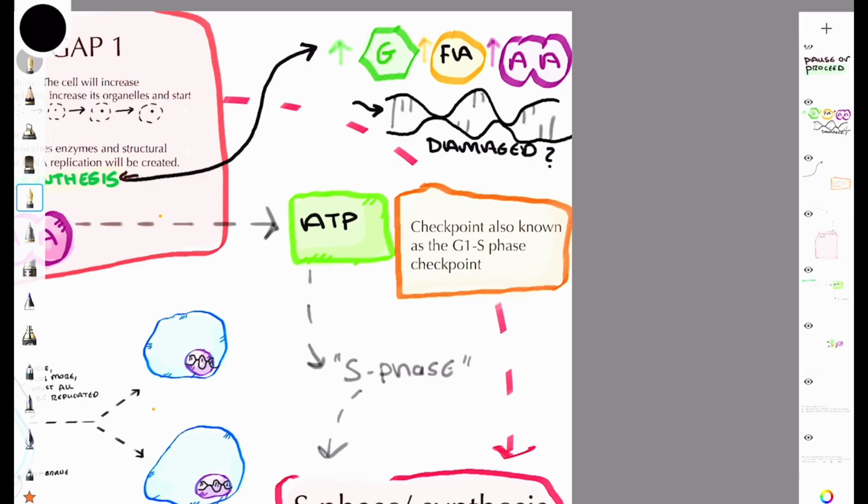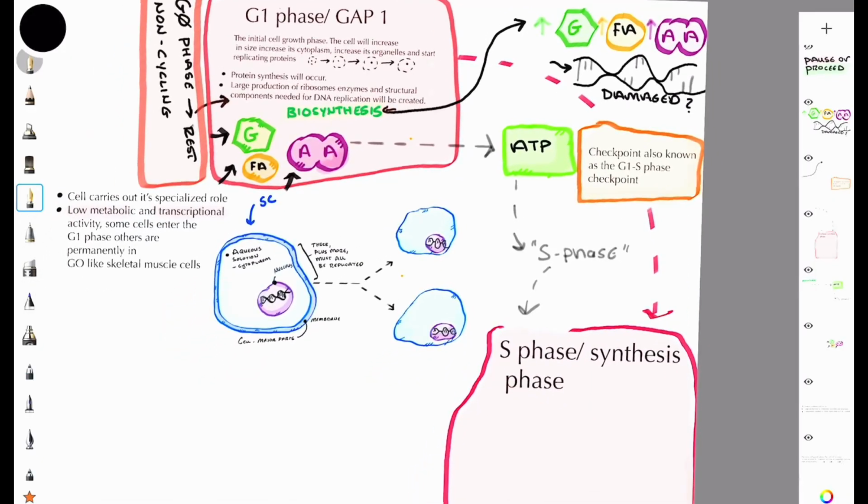And if there's any mistake in the DNA, that mistake will transition into the S phase. So if the DNA was damaged because of all the protein production that was being done, well, that damaged DNA will now move into the S phase, and we will start replicating damaged DNA.